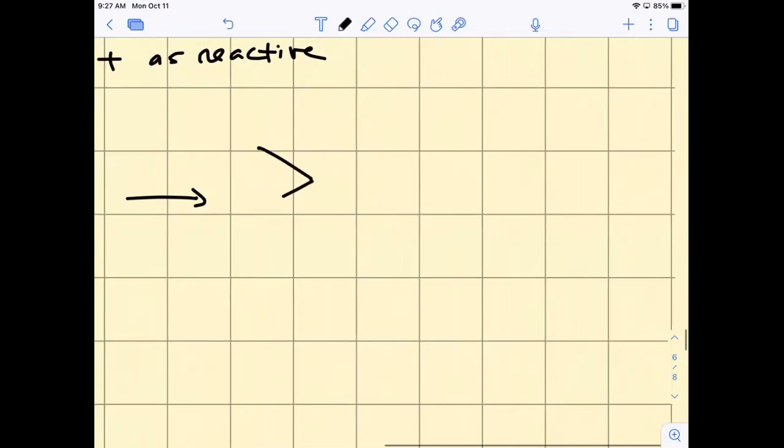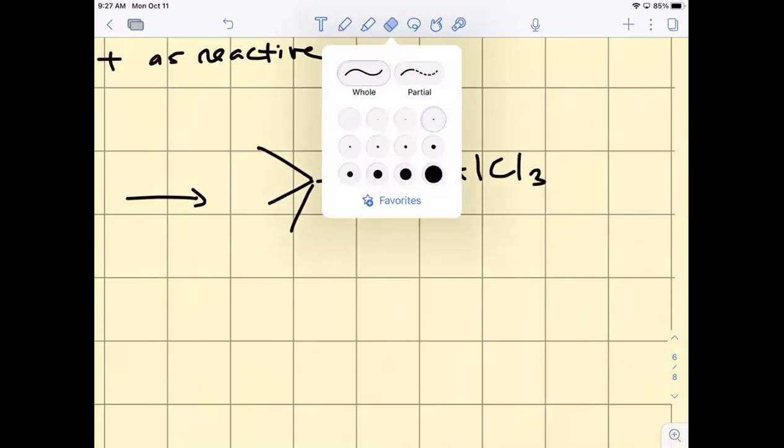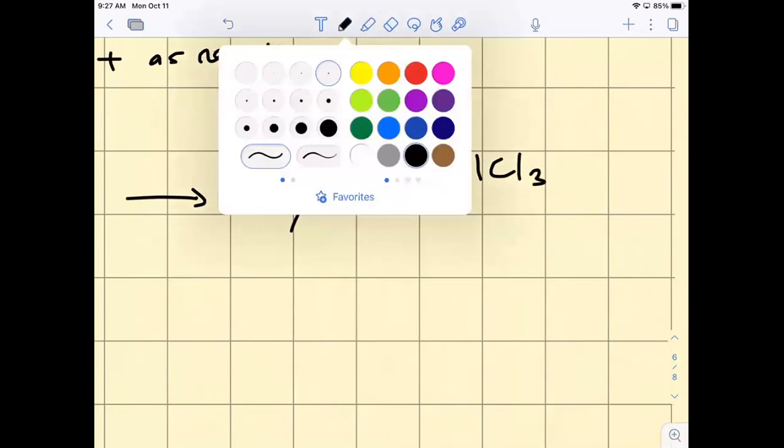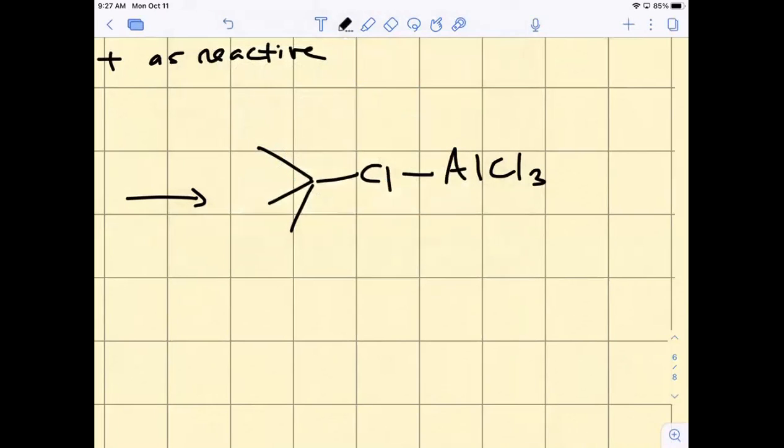So in this case, I'm going to end up with an aluminum complex. All right, so you coordinate first.